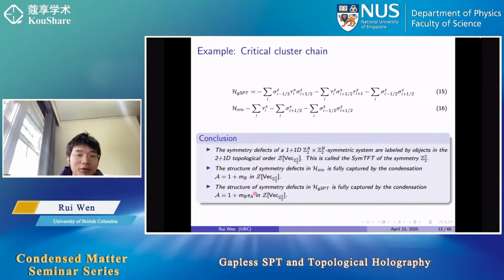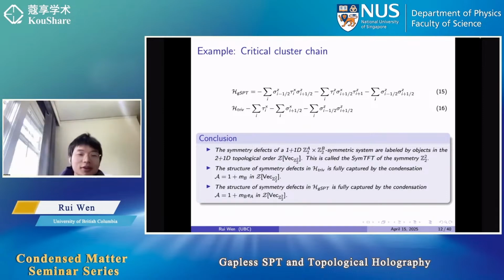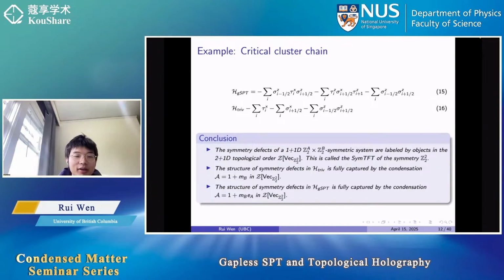So they braid trivially. So this is still a boson. Does that make sense? So it looks like a double layer Z2 toric code. Yes, that's exactly it, two copies of toric code, with M in one layer and E in another layer. So they would braid trivially.